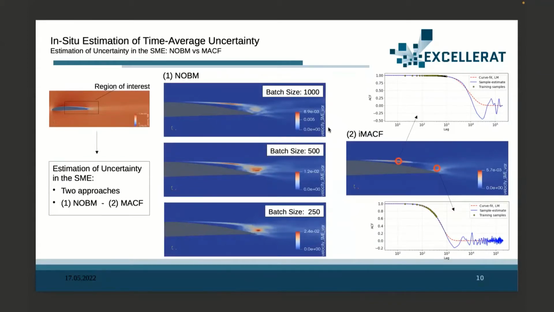So usually, if you would apply this in situ, you had to set up a lot of different instances with different batch sizes to eventually get the right one. But our IMCF approach is much less influenced by these kinds of hyperparameters. And it compares very well to state-of-the-art offline techniques, for example, based on autoregressive models.